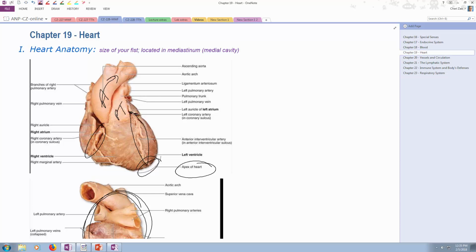With a decent length of your pulmonary trunk and aorta, then you can find the connection between the two called the ligamentum arteriosum. And the ligamentum arteriosum is not close to the base of the heart. It's a little bit further out. This is a connection between the pulmonary trunk and the aorta and it's a real thing. It's called a ductus arteriosus when you're in utero or in your mother's womb.